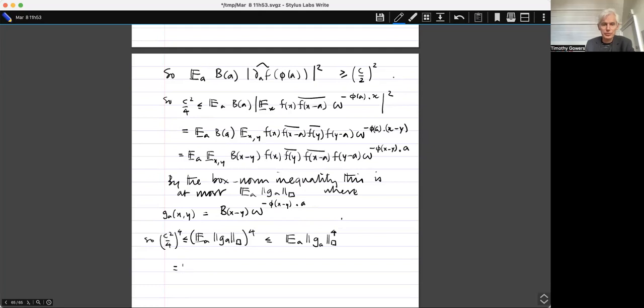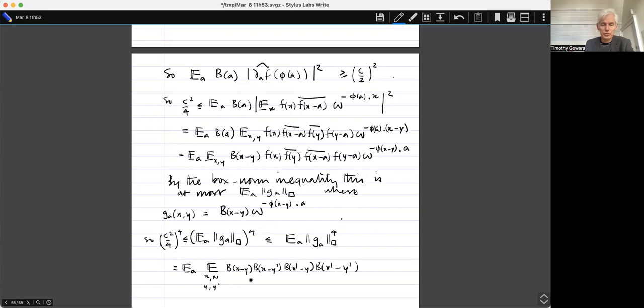And so that equals the average over A. And now let's write a few things down. So average over x, y, x dashed, y dashed of b(x minus y), b(x minus y dashed), b(x dashed minus y), b(x dashed minus y dashed).